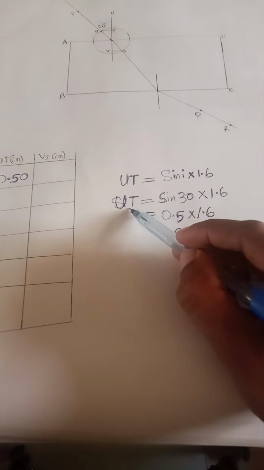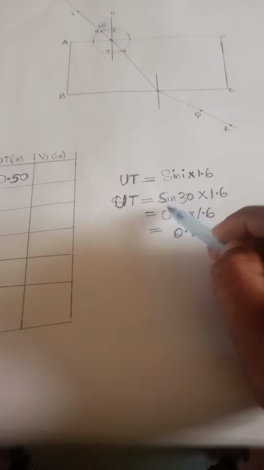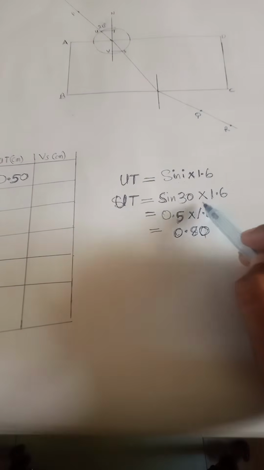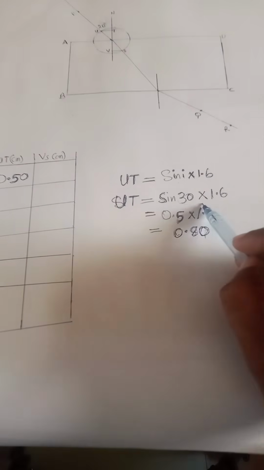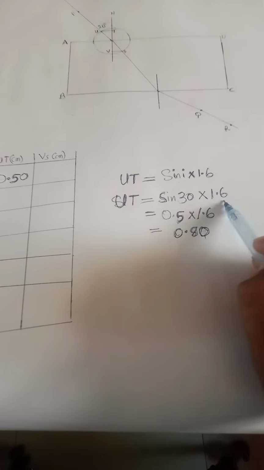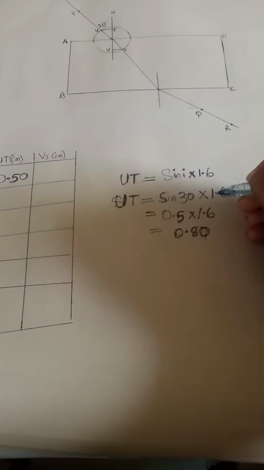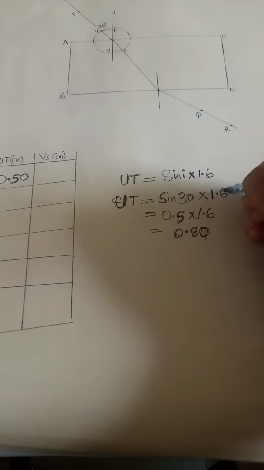So my UT is now equal to sine 30 multiplied by 1.6.